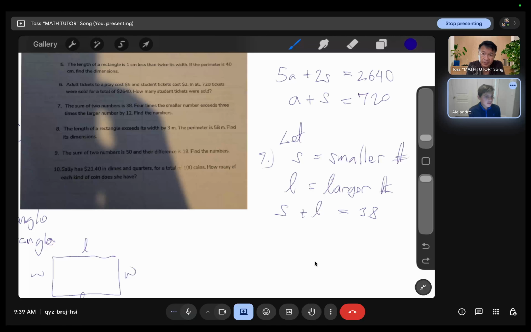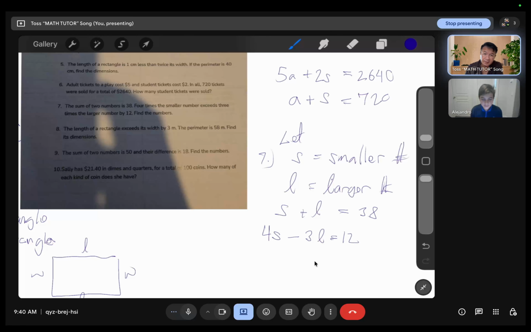But what do you write, subtracting what? 4 times the smaller would be 4S, right? 4S minus 3L. Yep. That's it. Equals 12. That's it. Is that okay?